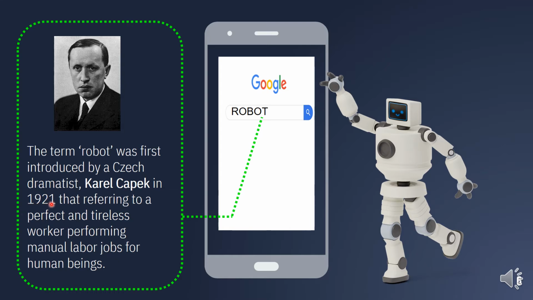The picture in this slide is a Czech dramatist who is said to be the first individual to use the term robot. According to Karel Capek, robot means a perfect and tireless worker performing manual labor jobs for human beings.